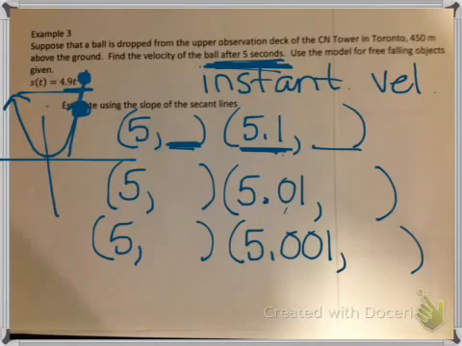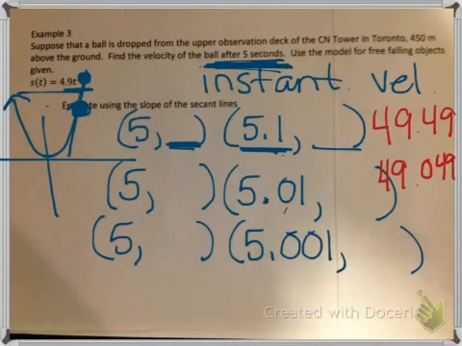Okay, and just to kind of cut down some of the work on the side, I don't think I need to do it. The slopes are, the first one comes out to be 49.49. The second one is 49.49. And the third one is 49.0049.